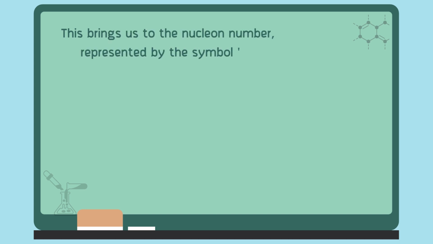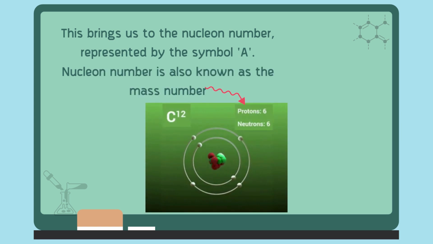Which brings us to the nucleon number, represented by the symbol A. Nucleon number is also known as the mass number and is the sum of the protons and the neutrons in the nucleus of the atom. Therefore, a nucleon number can be found by adding the number of protons and neutrons.